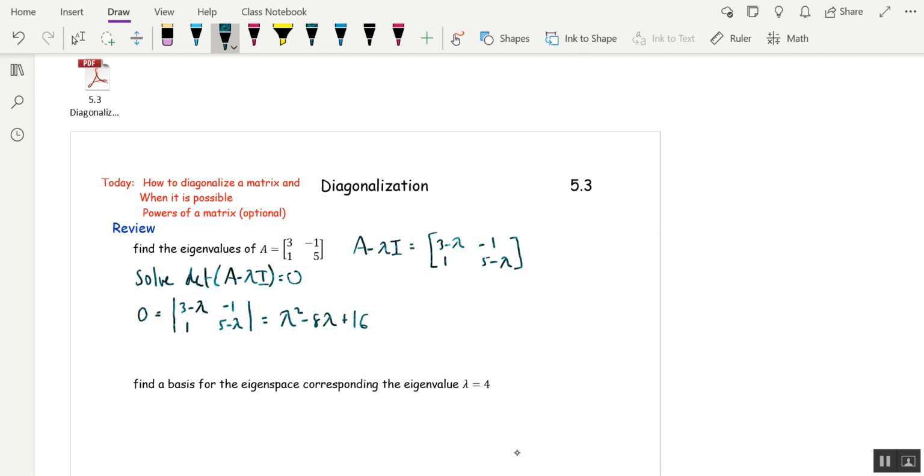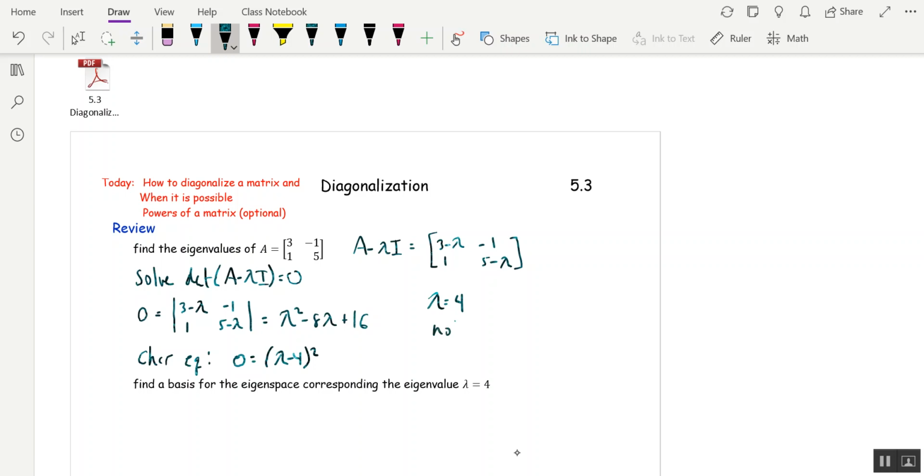And that factors, so I'm going to write down the characteristic equation: 0 equals lambda minus 4 quantity squared. All right, so lambda equals 4 is the only eigenvalue.